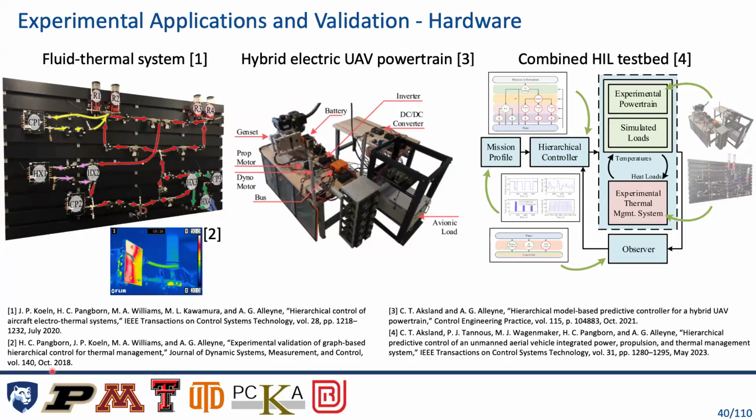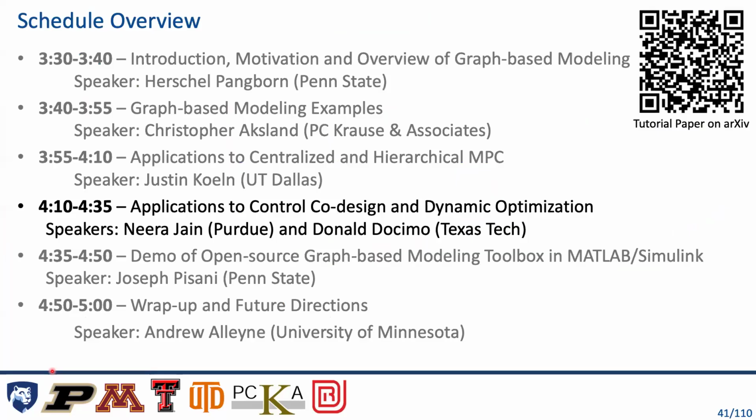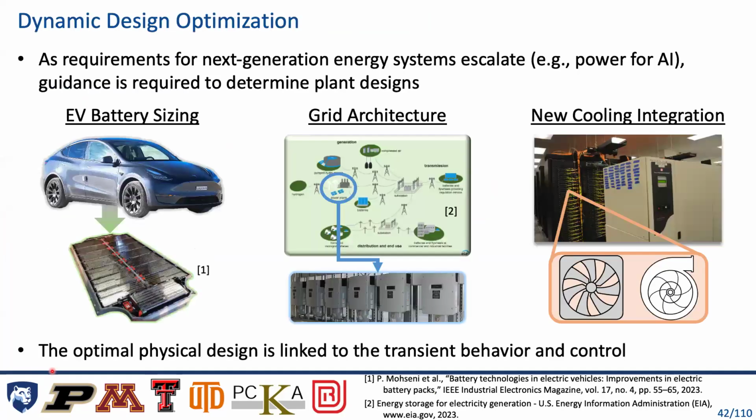All right, so on the second half of our applications, we're going to talk about control co-design and dynamic optimization. Just for some motivation, which I think a lot of you are familiar with at this point, we have next generation energy systems with escalating requirements. Power for AI is especially one that's being focused on a lot right now.